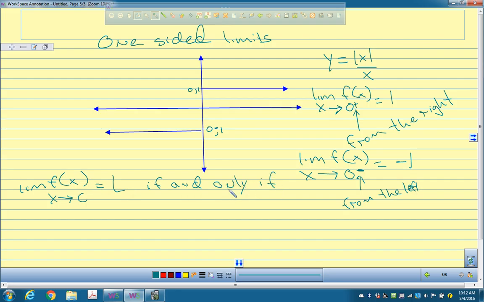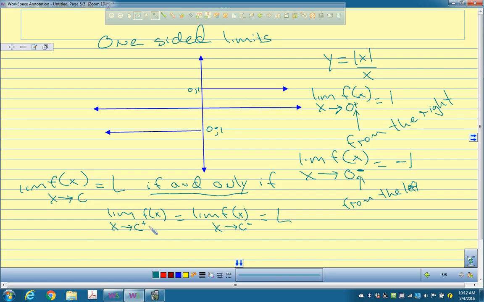That means it's true in both directions. That's what if and only if means. If and only if the limit as x goes to c from the right of f of x is equal to the limit of f of x as x goes to c from the left, okay? And that's equal to L.